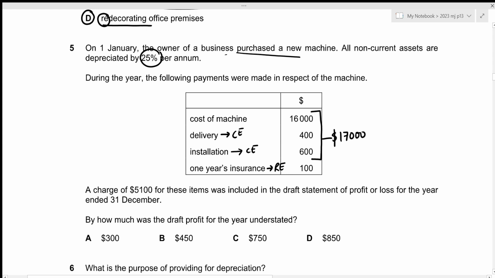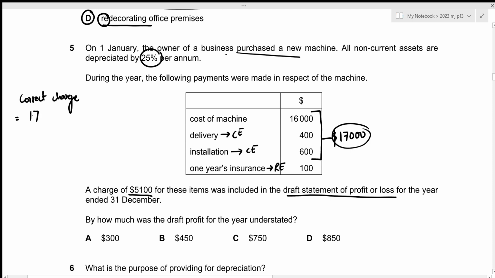Now, a charge of 5,100 for these items was included in the draft statement of profit or loss for the year ended 31st December. So we need to figure out the correct charge. And these are the charges as part of our overhead in our statement of profit or loss. So the very first thing that we will include is our depreciation. We've already figured out the cost to be 17,000.